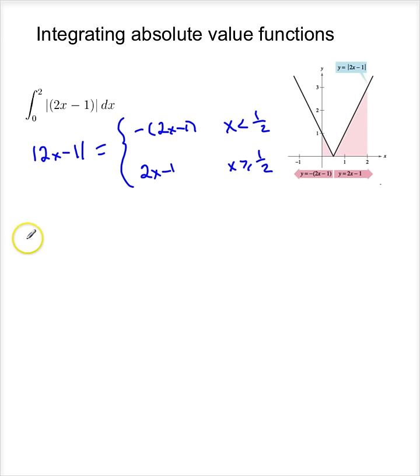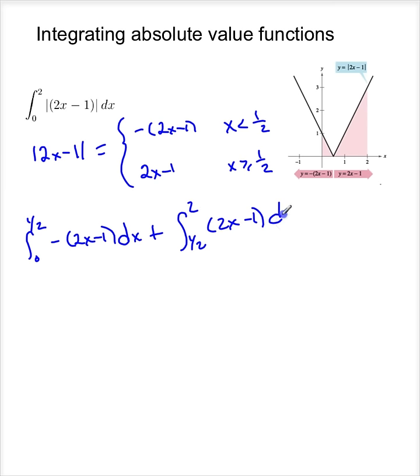So this integral becomes the integral from 0 to 1/2 of minus 2x minus 1 dx plus the integral from 1/2 to 2 of 2x minus 1 dx. And now I can break these up.